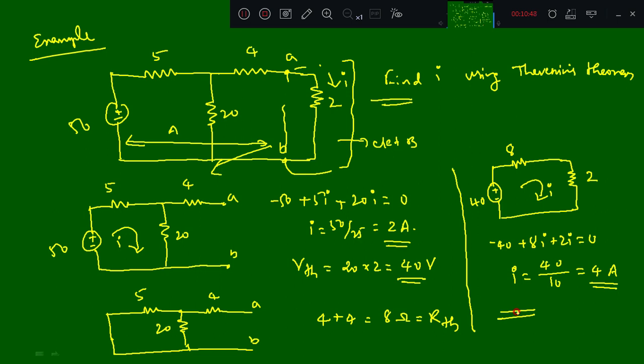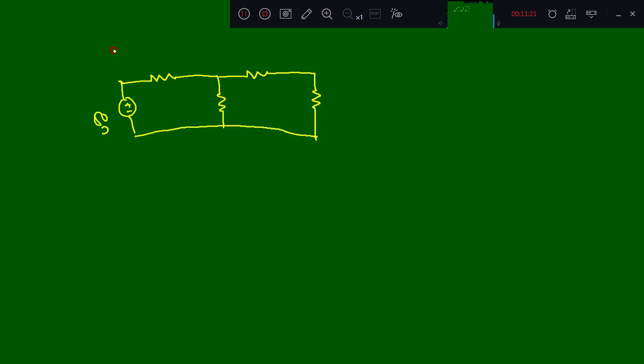Or once again, if you want to verify this, we can also verify the answer like this. According to the circuit, we have the 50 volt source, with 5, 20, 4 and 2 ohm resistances. You can take any method for the verification.